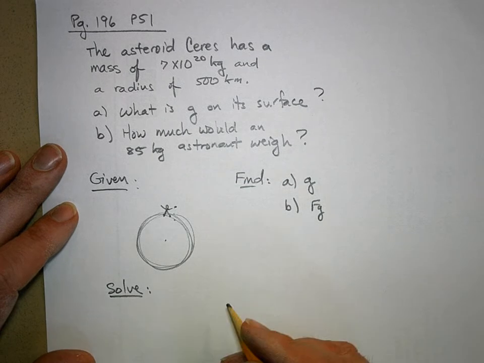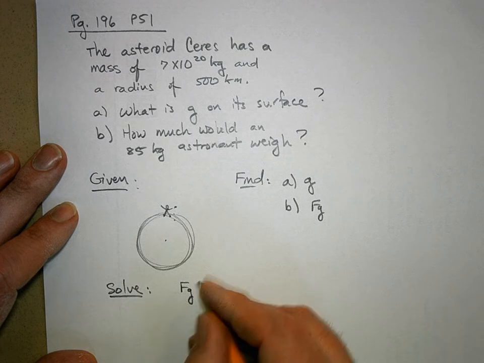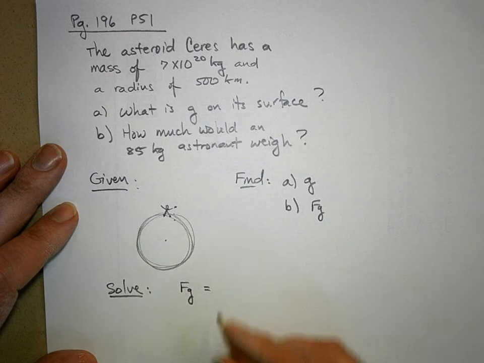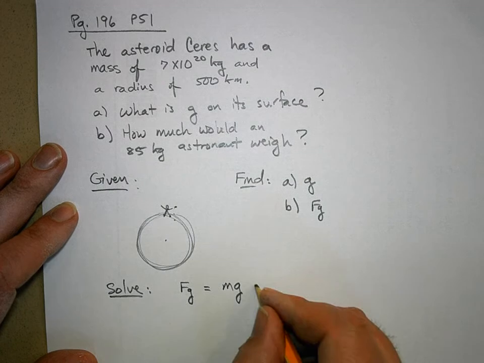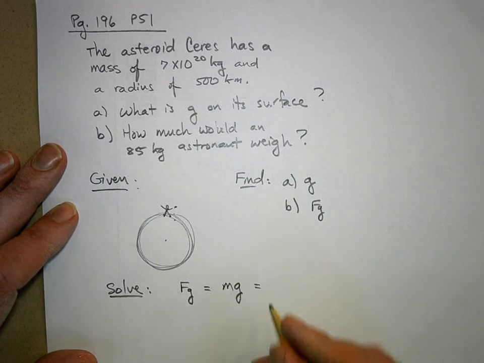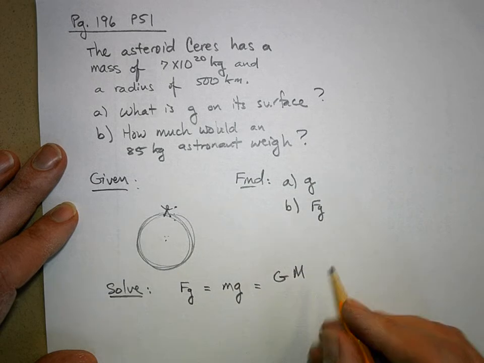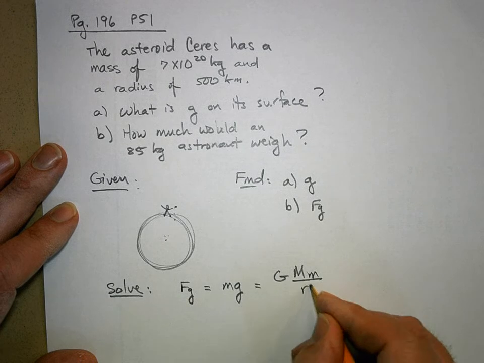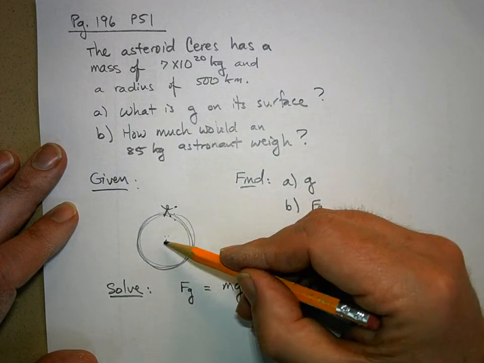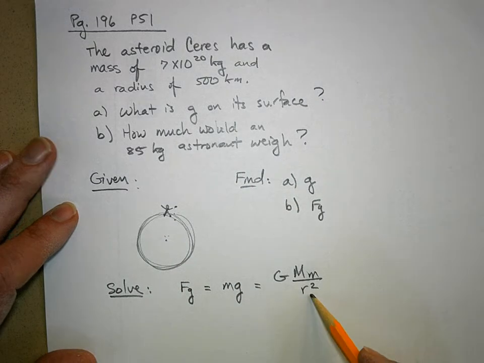Well, here it is. Force of gravity equals mg, but the force of gravity is also equal to G times the mass of the planet times the mass of the astronaut divided by the distance between the center of the planet and the center of the astronaut squared.